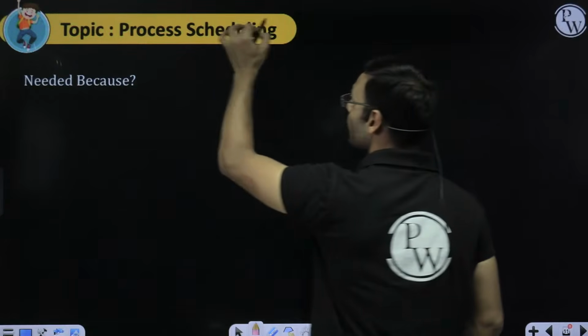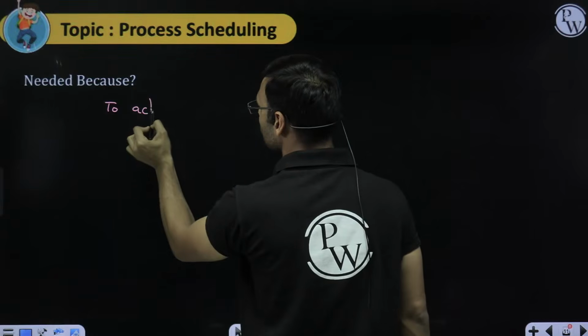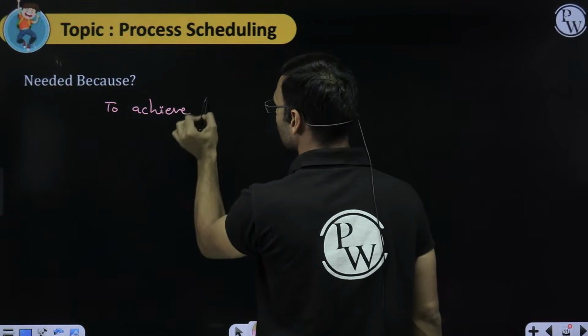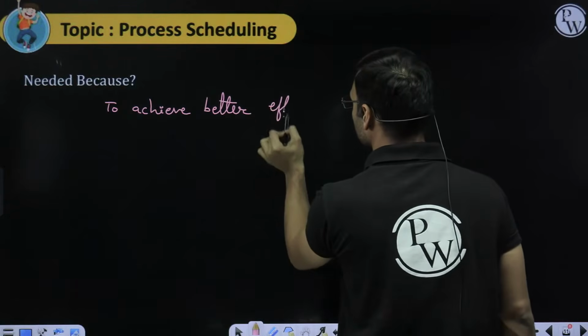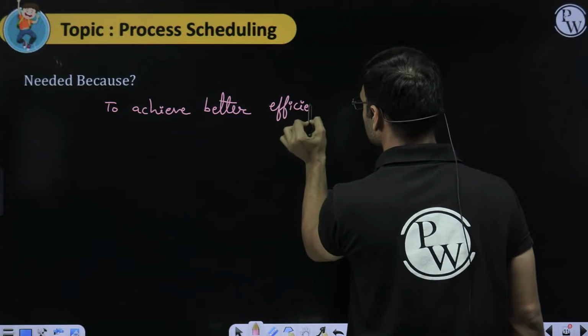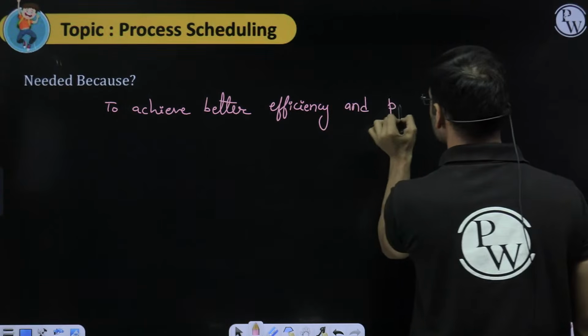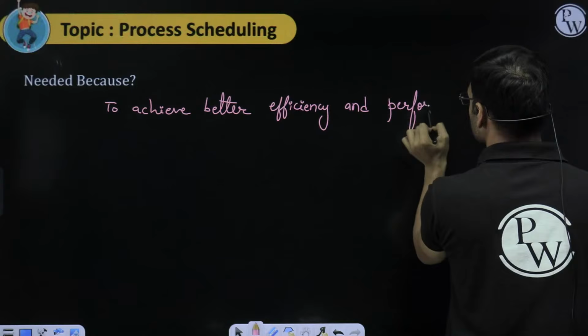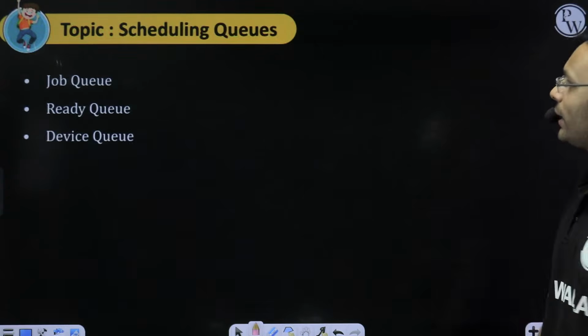So why is process scheduling needed? To achieve better efficiency and performance.